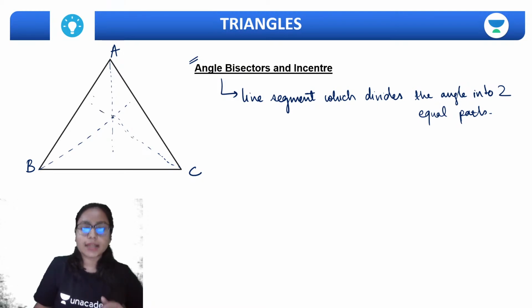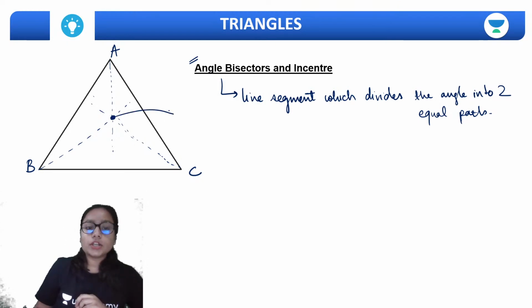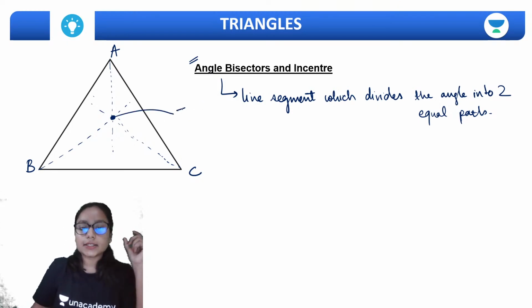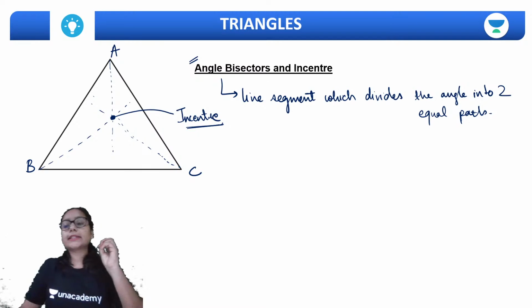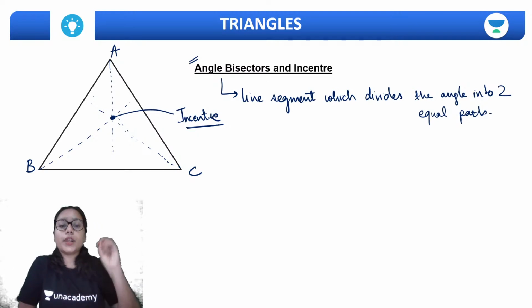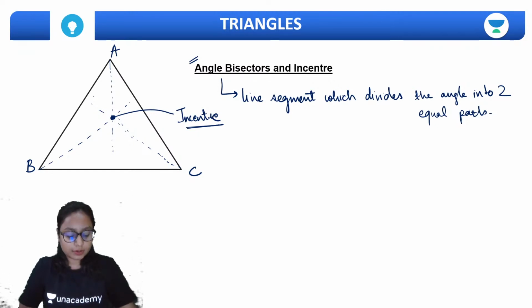This is a straight line. But they pass through a common point. And this point of intersection of angle bisectors is known as the incenter of a triangle. Okay? So what is the incenter? This is the point of intersection of angle bisectors of a triangle. Alright? Clear?